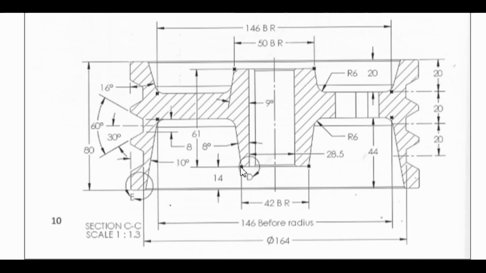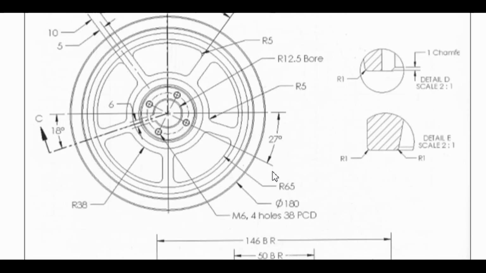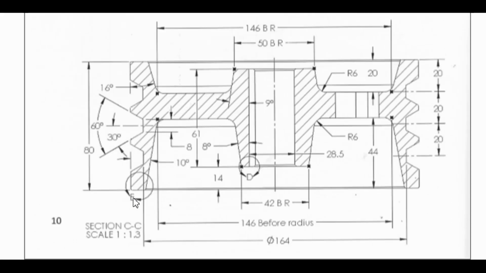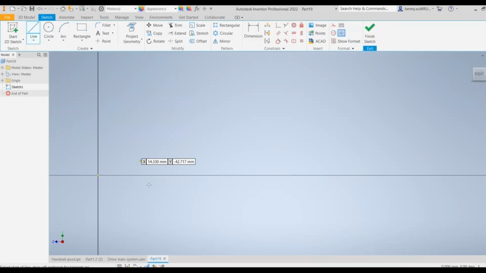The first line I would like to draw is from here to here. That number we can find from here, 180. That's overall 180. Get line, and then I start to draw this 180, but I only draw half, so that's 90.